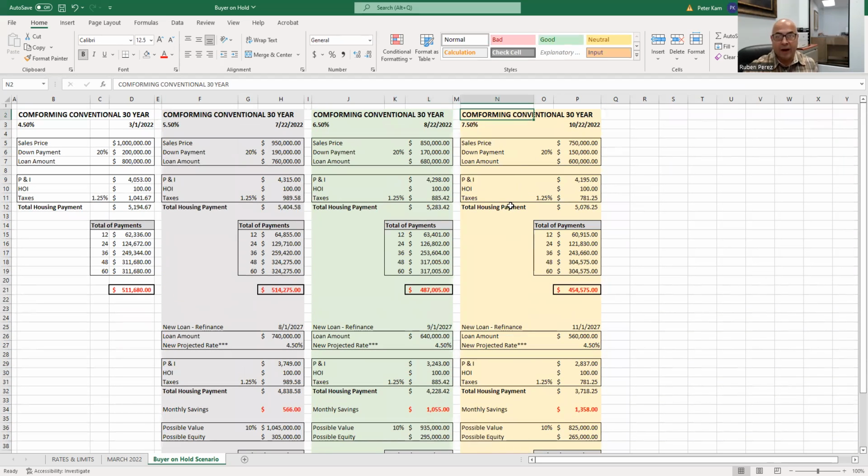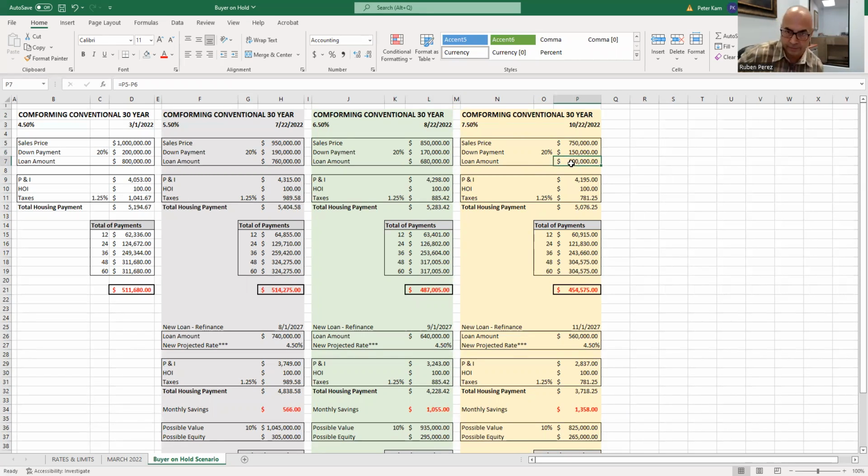Now, finally, let's just say in October we're going to be at a 7.5, which I think is where we're headed. So your potential buyers have to be prepared for this type of rate, as do you. Let's say at a 7.5, at a 750 purchase price, their down payment's only going to be 150 versus the 200,000 down there, and their loan amount 600.